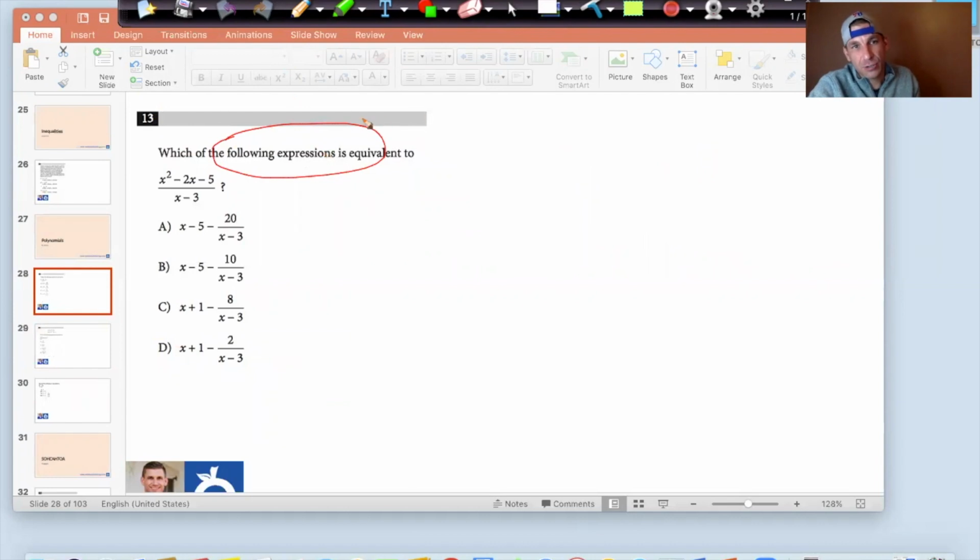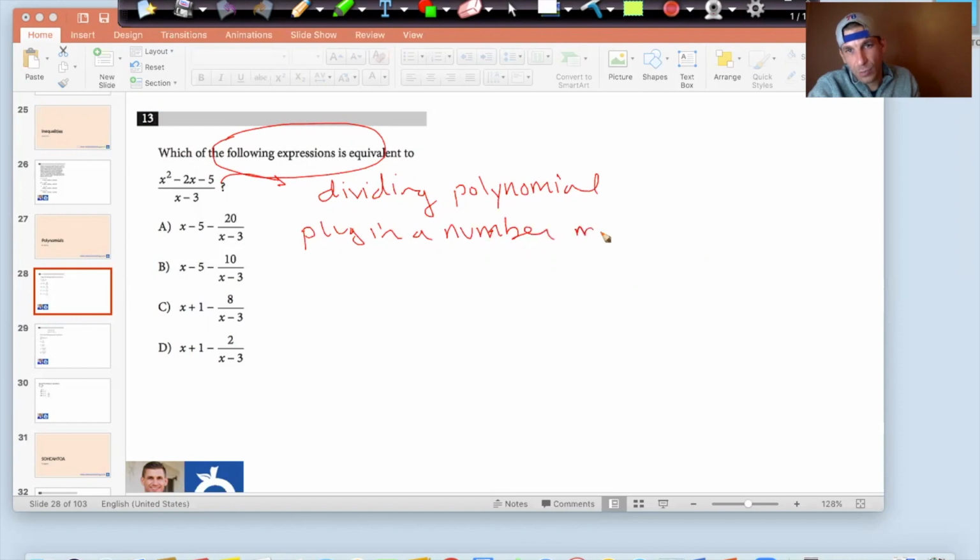So my general hint to you is that whenever you see some sort of dividing polynomial that you have here, and if you get stuck and if you don't remember how to do synthetic division, the one thing that I will tell you is you can plug in a number, and you can match that number to make sure that it works if you get stuck. If not, you can always do dividing actual polynomial expressions, which both ways honestly work.